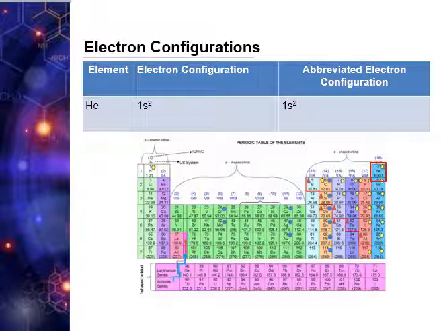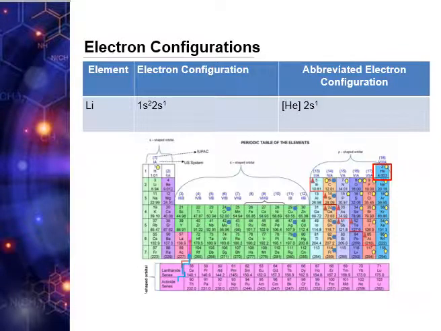All of the other elements on the right side are p's. Lithium: 1s2 is helium, then 2s1. The abbreviated form uses the noble gas that is closest to the target element, in this case lithium, without going past it. Helium is the noble gas closest to lithium without going past it. So it's helium in brackets, second level, s shape, 1, first box.